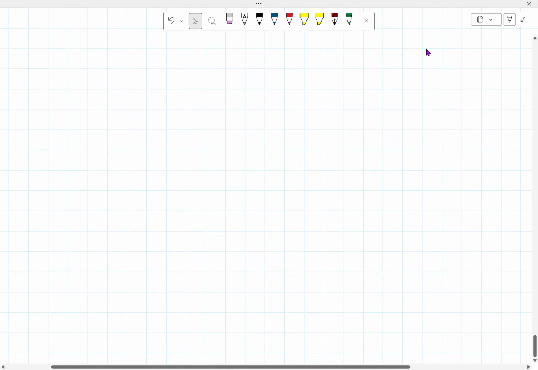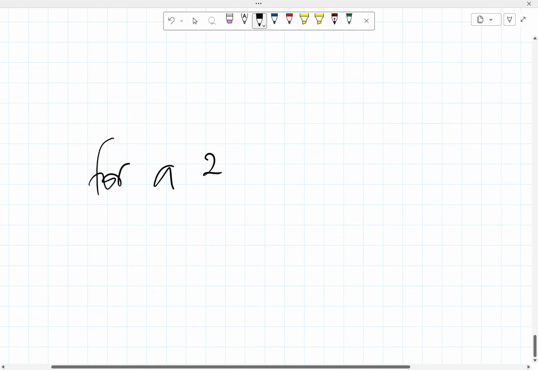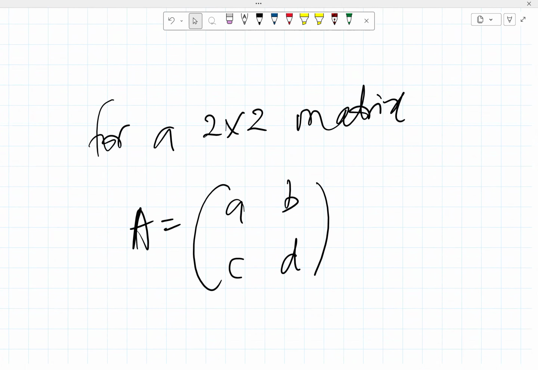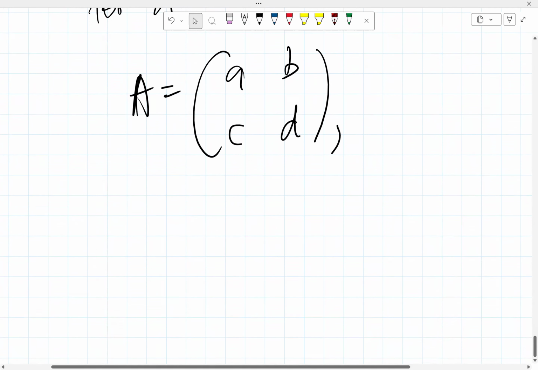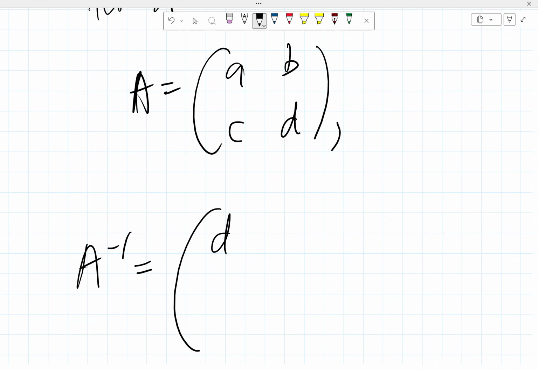So we're saying that for a 2 by 2 matrix A, which is equal to A, B, C, D, the inverse, A inverse, is equal to switch up A and D. So D comes here, A comes here.